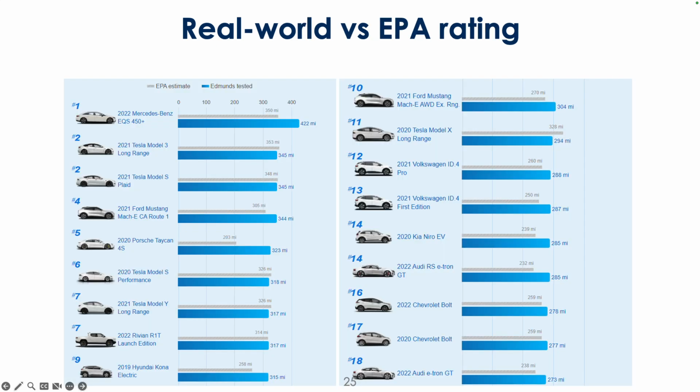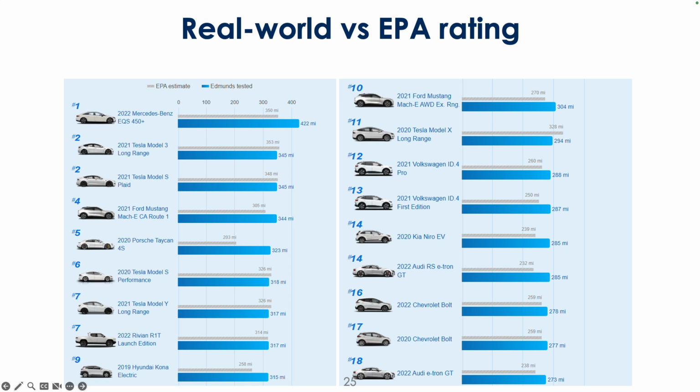And that is made really apparent, right? There are car enthusiast magazines or other more consumer-facing vehicle information groups, like Edmunds. They sell cars as well, right? So there are these groups that do real-world testing.